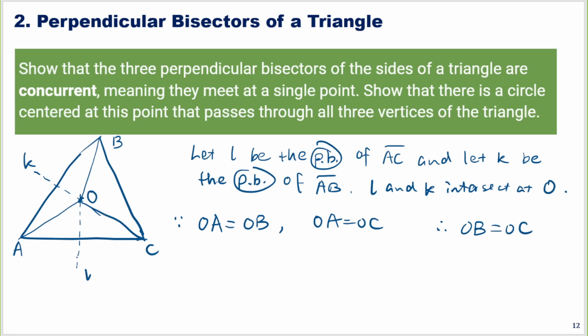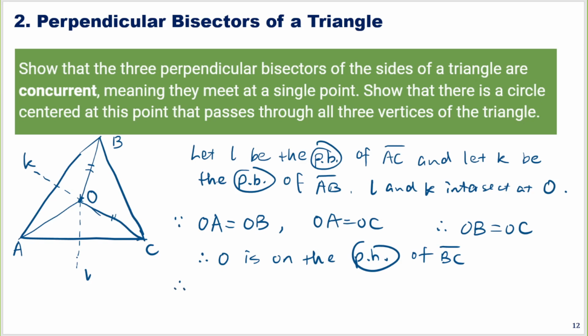If OB equals OC, again, according to that theorem we have just proved, if this side equals this side, then O must be on the perpendicular bisector of BC, right? You see that? Therefore, we have proved O is on the perpendicular bisector of BC, right?